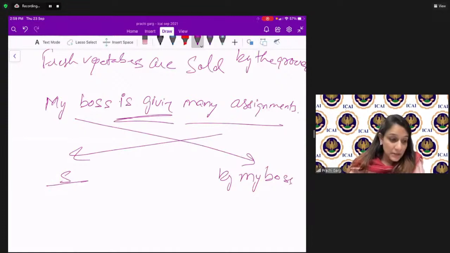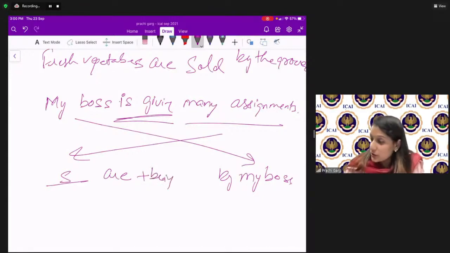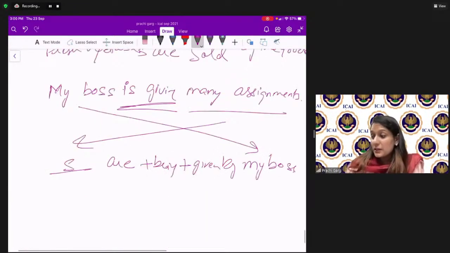Now, is will remain is, but for many assignments it will become are. Then you have to use being as per the rule, so you will add being here. Then you use the third form, which is given. Many assignments are being given by my boss.